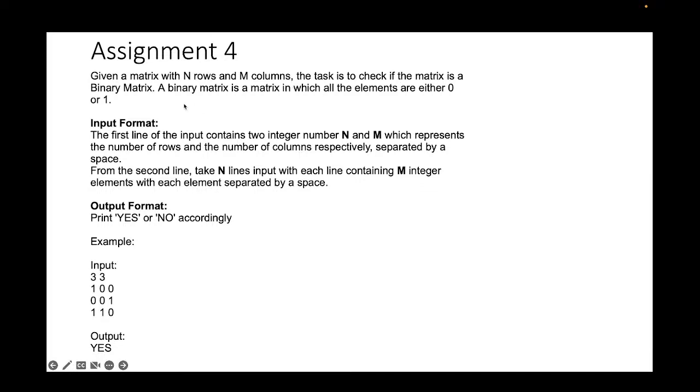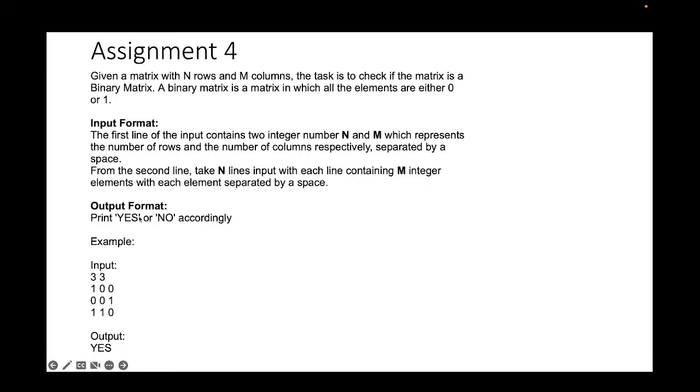A binary matrix is a matrix in which all the elements are either 0 or 1. The input format is such that you will give 2 integers n and m, which will represent the number of rows and columns respectively, separated by a space. From the second line on, take n lines of input with each line containing m integer elements, separated by a space.